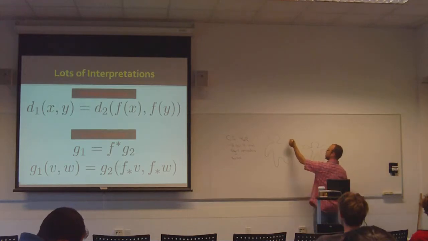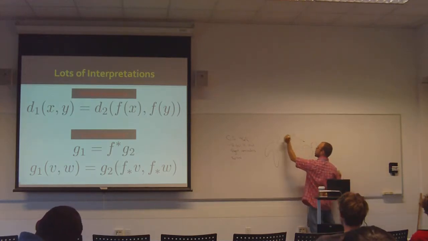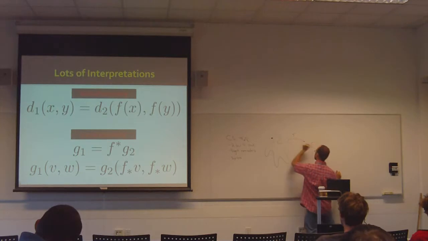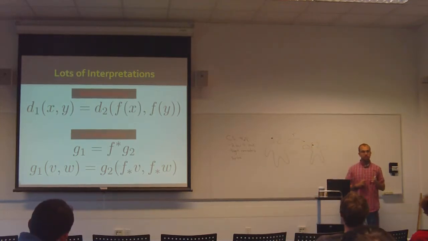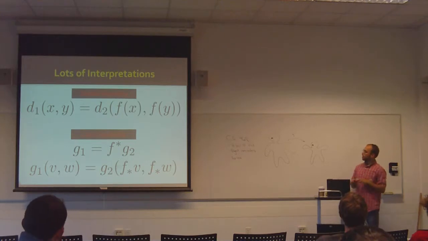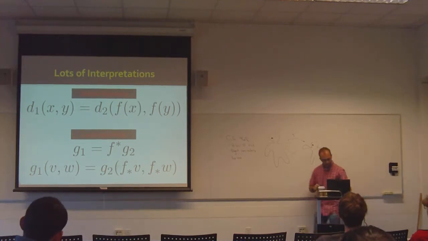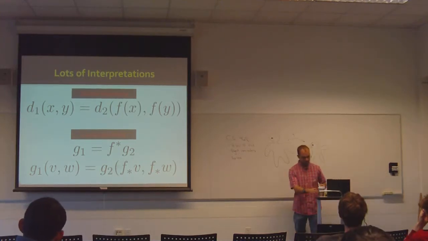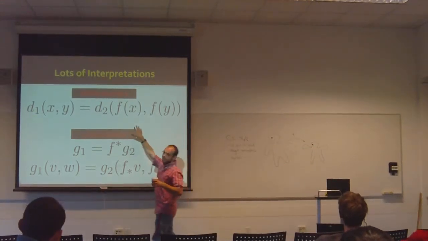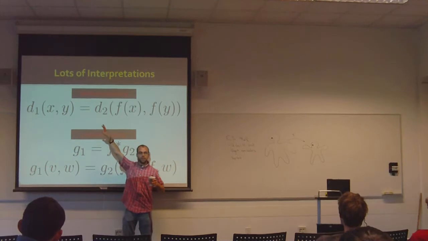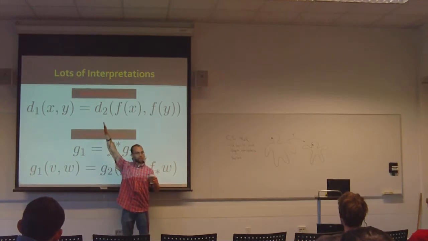But anyway, if I have a function that takes points on this guy to the corresponding points on this guy, and I say that that function is an isometry, what does that mean? Well, it can mean a couple different things, depending on whether you're a differential guy or a topologist, I guess. But one way that you can define this is a global isometry, which means that pairwise distances are preserved.